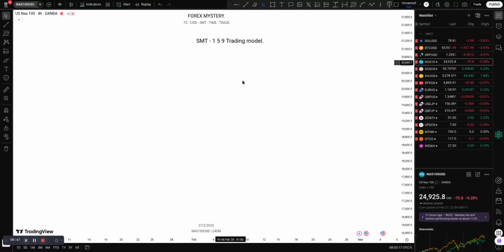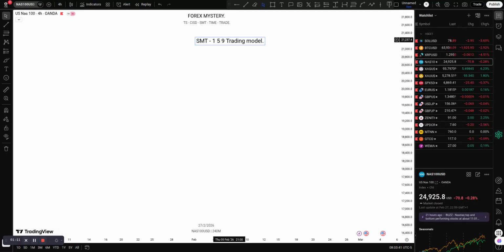The SMT 159 model. Now, what is SMT? SMT is used when you are doing pairing of pairs. That's when you can use SMT. And this 159 model is a simple trading model that a beginner can learn and then utilize.